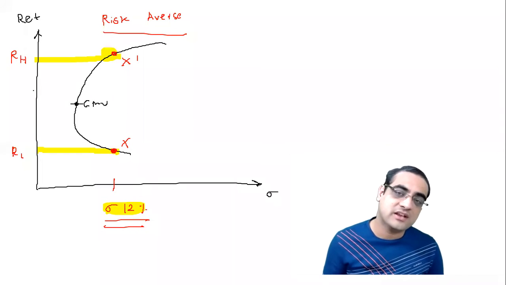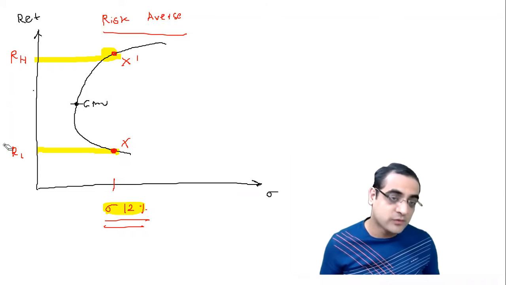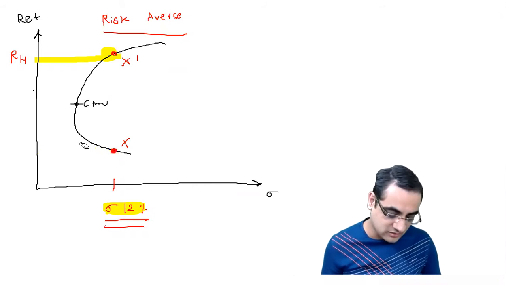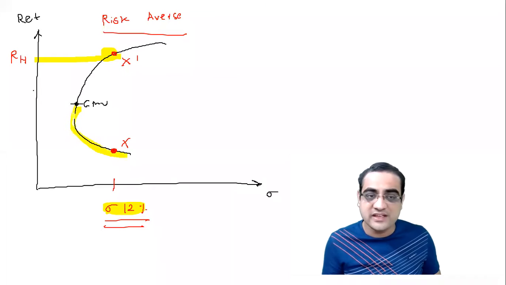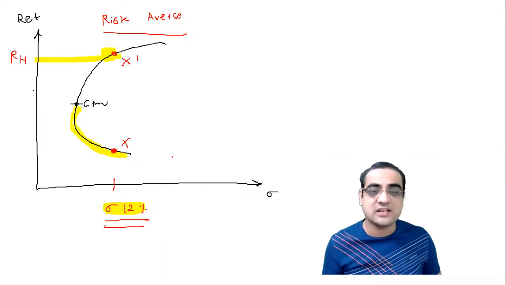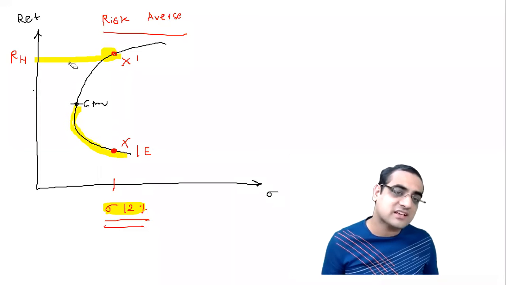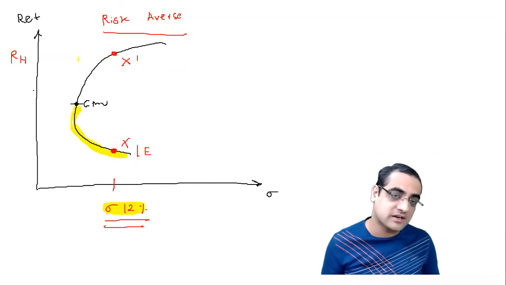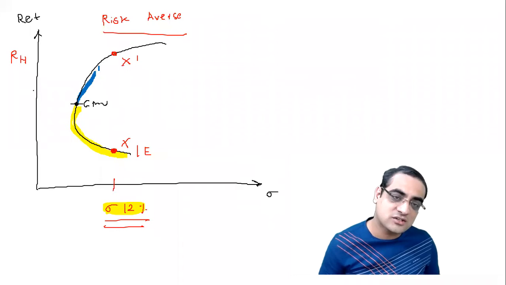Which means that the complete segment on the lower side consists of inefficient portfolios. So this segment is called the inefficient segment, and the upper segment is called the efficient segment.